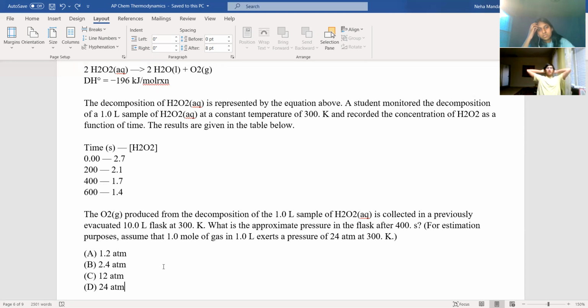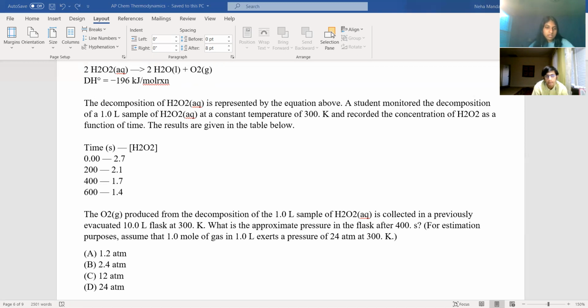So if volume increases, then pressure decreases. The pressure that we saw initially is going to decrease by a factor of 10. So 24 divided by 10 should be 2.4 as you suggested. Yeah, I would choose 2.4. I'm not sure about this one.